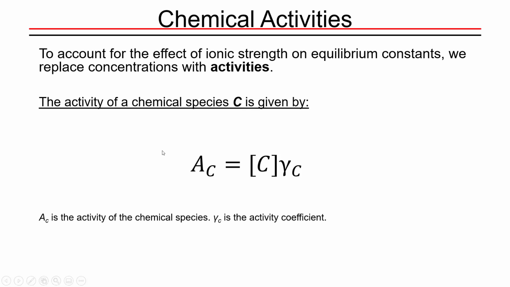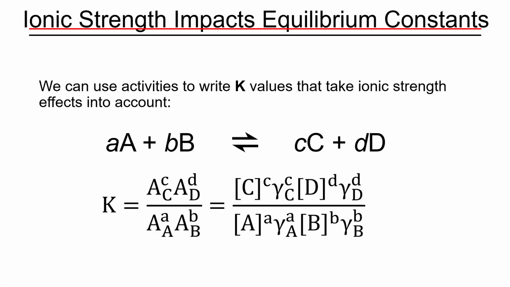And remembering that an activity is defined as the activity coefficient times the concentration, we can reframe that activity-based equilibrium constant in more friendly terms, where we say, okay, well, the activity of compound C is the concentration of compound C to the c power times the activity coefficient of C raised to the c power.